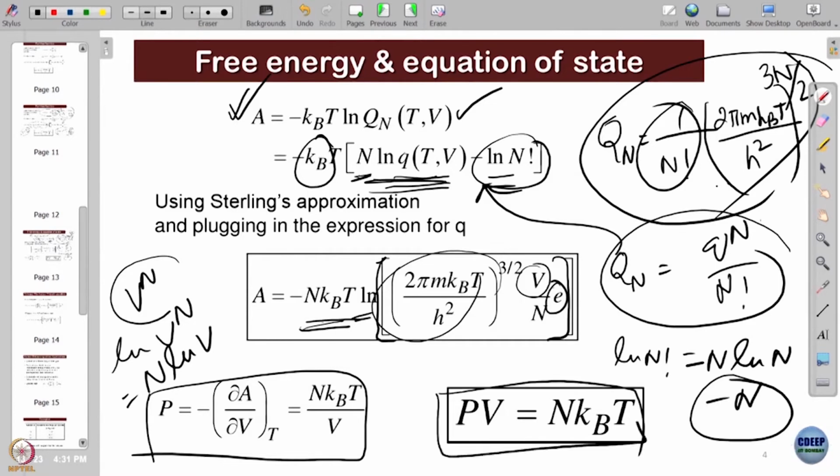So this is the ideal gas law. Now I have a microscopic derivation of PV equal to n kBT, which was surmised by an enormous amount of experimental studies, and also comes out from Maxwell-Boltzmann's kinetic theory of gases. But here there is no kinetic theory of gases, no collisions with the wall, no cross section.